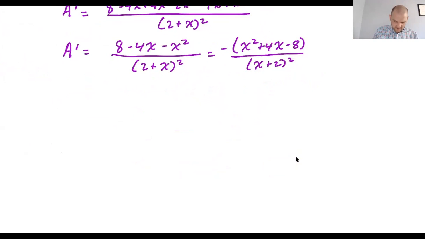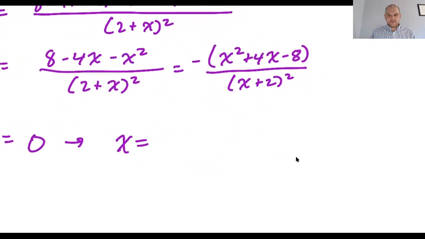All right, let's see. So a prime equals 0 means that x is, using the quadratic formula on this.